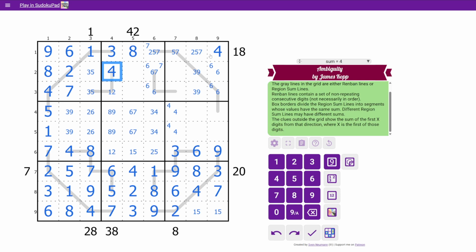So this is either a 3 and a 2 or a 5 and a 1, which seems fine, either way around, I believe. Okay, what about this one?